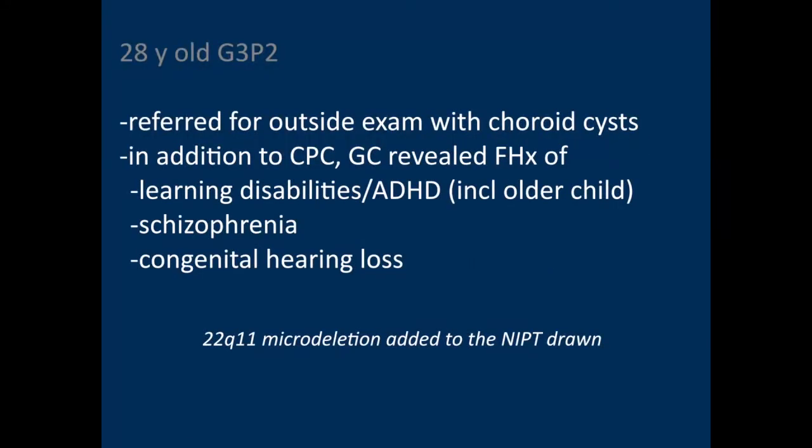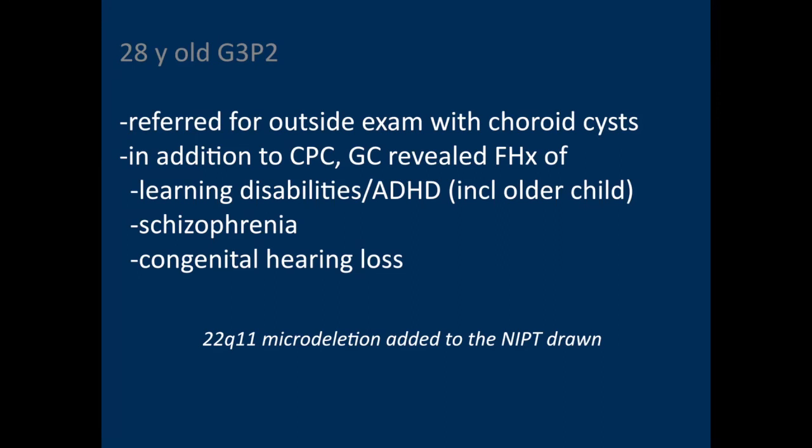I'm just going to finish this talk quickly with a patient that was referred to us a couple years ago for outside exam with choroid cysts. She was a 28-year-old who already had 2 prior children, including one that had already been diagnosed with learning disabilities and ADHD, as well as a subsequent family history of schizophrenia and congenital hearing loss.